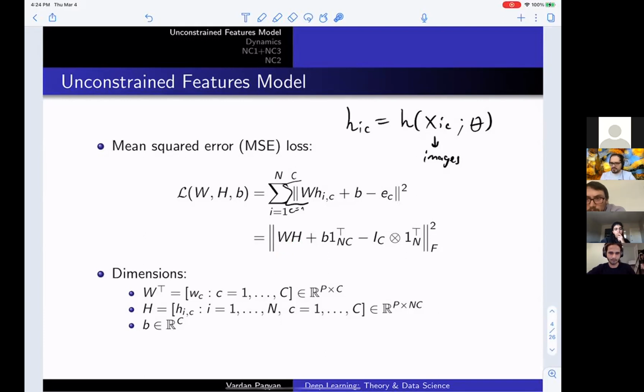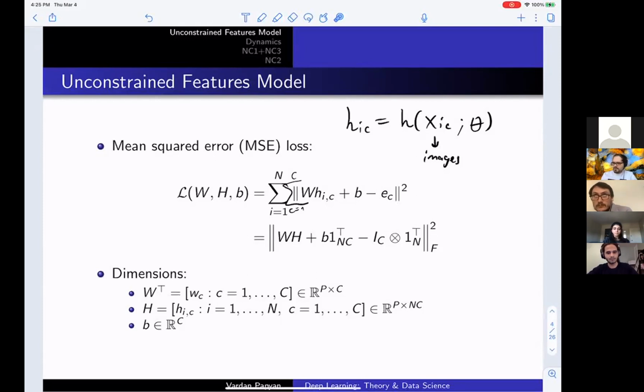H is a matrix which contains in its columns h_{i,c}, where i goes from 1 to capital N, and c goes from 1 to capital C. Specifically, the matrix H is of size P times NC. P is the dimension of the features, and NC is the number of examples in the data set, right? We have N examples per class and C classes. And the bias is just a vector in R^C.